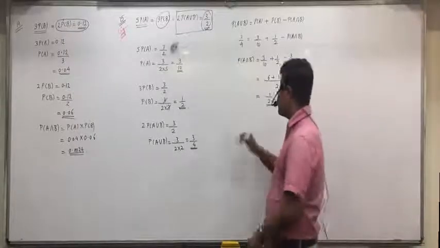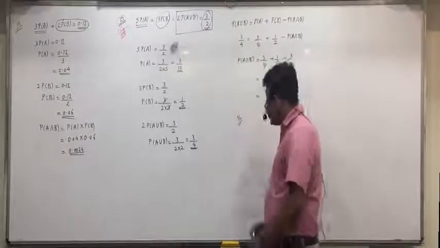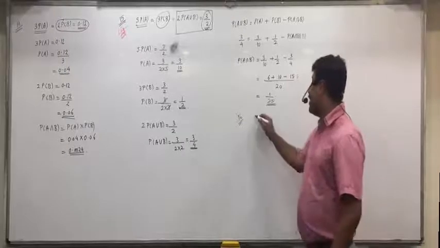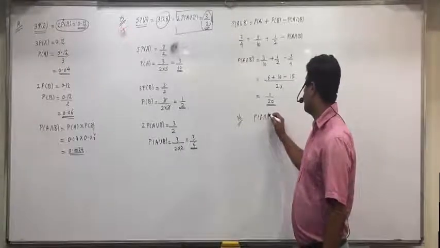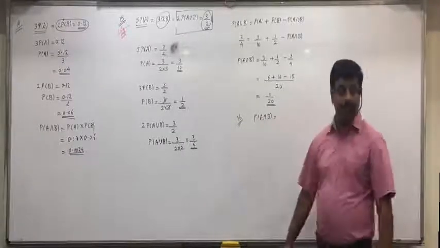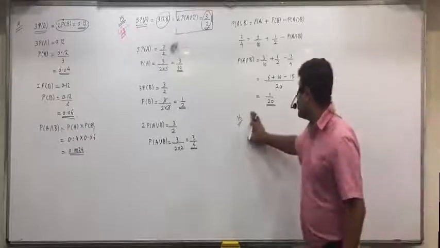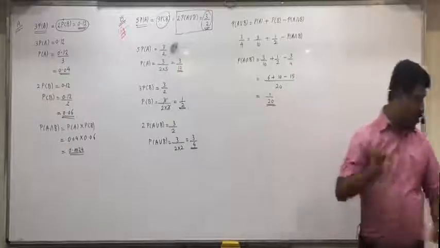The next one is very small, so that will take up today one more only. Question 16. Be attentive. Silence everyone. P(A intersection B) is remaining. Sorry.